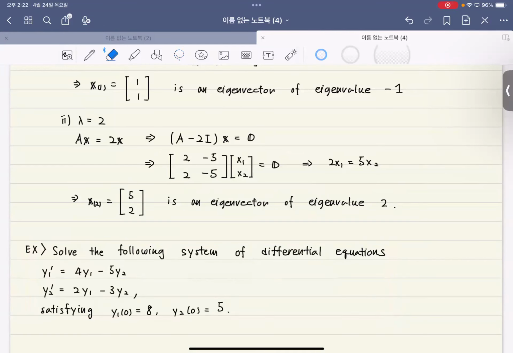This is another interesting exercise, and this exercise involves a system of differential equations. Suppose that we are interested in finding the solution of this system of differential equations: y1 derivative, y2 derivative, just like that.